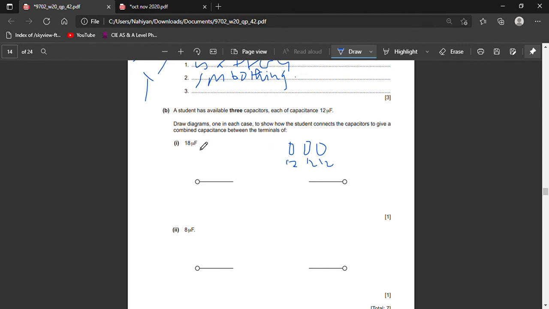The question is saying that you have to draw a circuit diagram using the 3 capacitors in such a way that the total comes out to be 18 microfarad. What we know is that when it's in parallel, the capacitance adds up, and when it's in series, it decreases.